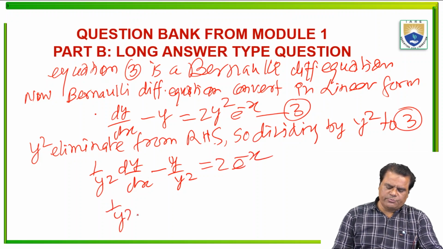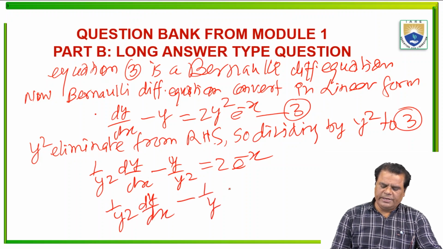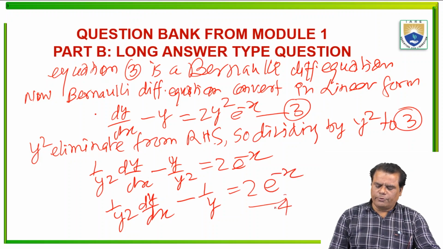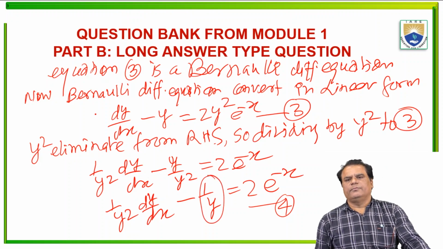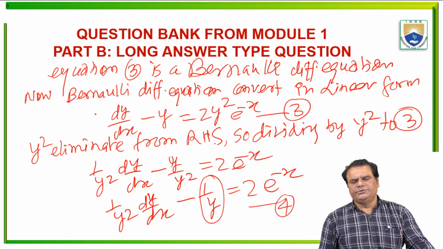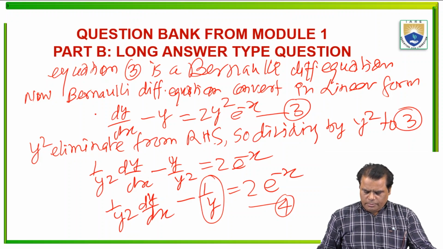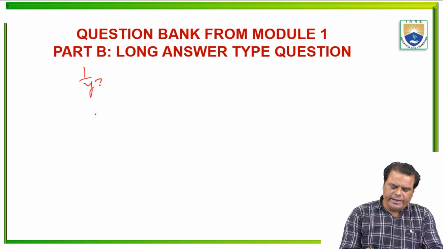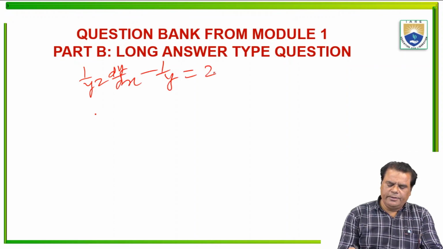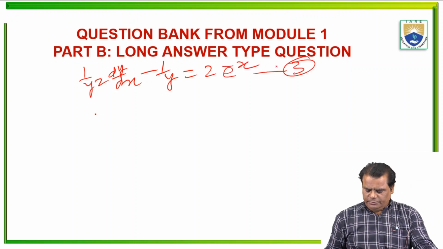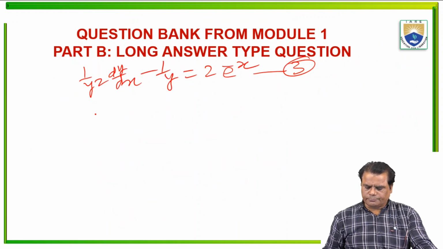So 1/y² dy/dx minus 1/y equals 2 e to the power minus x. This is equation 4. Here, considering this result, the coefficient of P we consider as t.